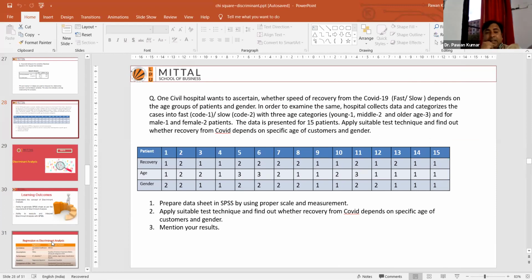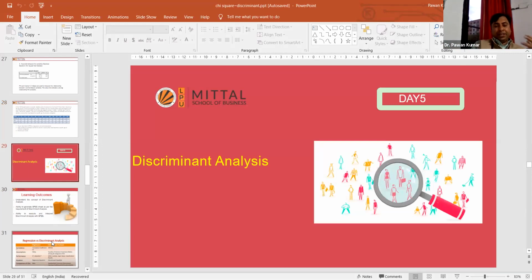She applied discriminant analysis to classify the MSMEs, here the customers, as high adopters or low adopters. So discriminant analysis simply means classification.